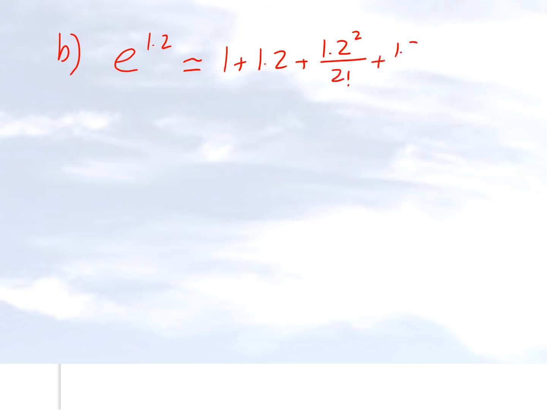Now for part B, we are now going to use the first four terms of the Taylor series or the Maclaurin series. And this turns out to be as follows.